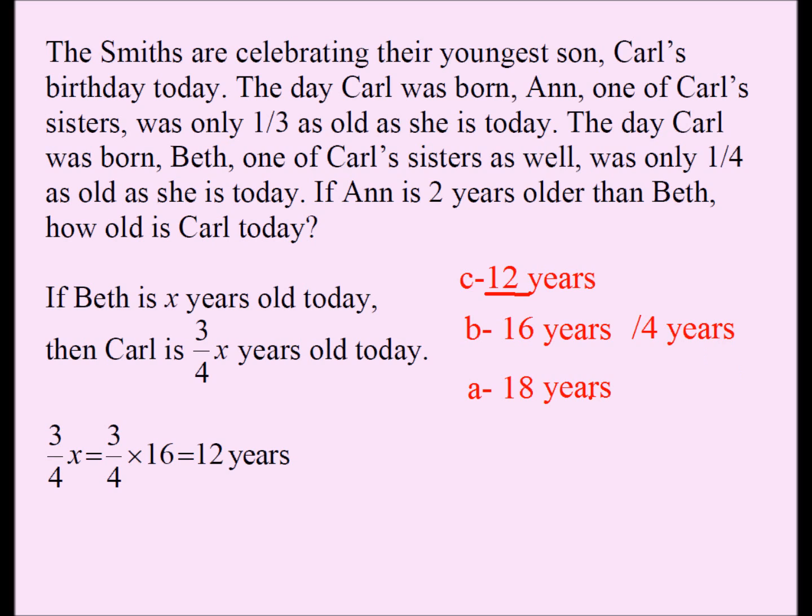And 12 years ago, Anne was 18 minus 12, or 6 years old. So 12 years ago, Beth was 4 years old, and Anne was 6 years old. And was Beth 1/4 of her current age? Yes. Was Anne 1/3 of her current age? Yes.